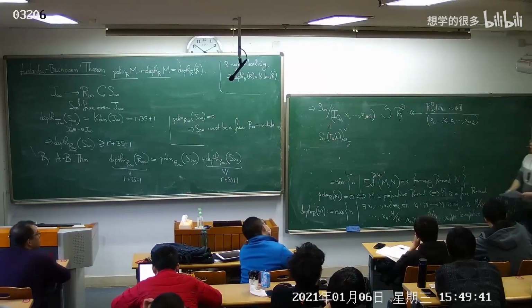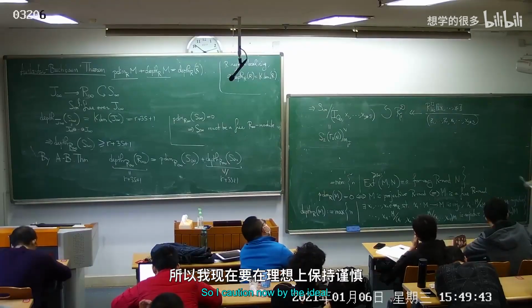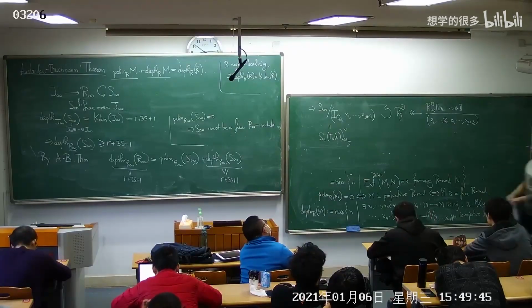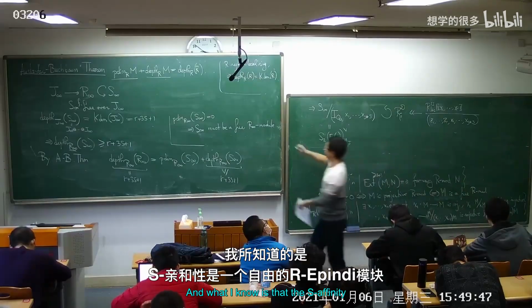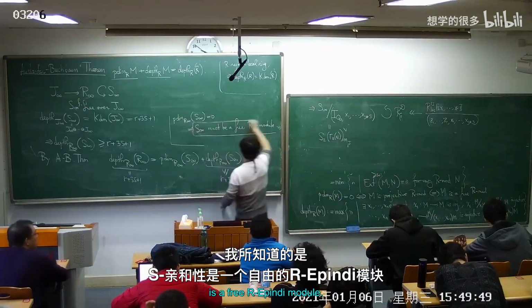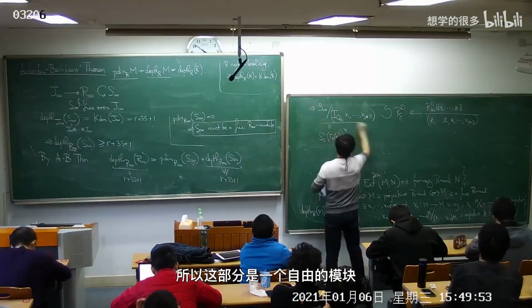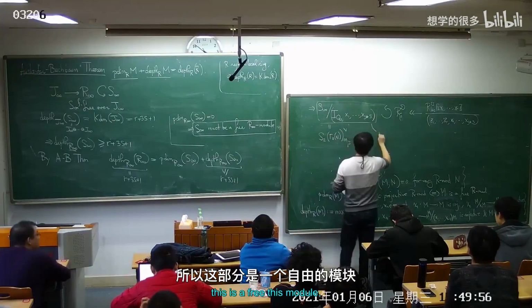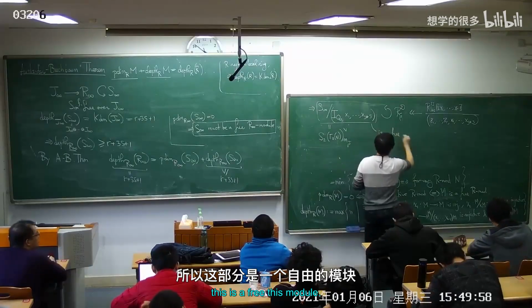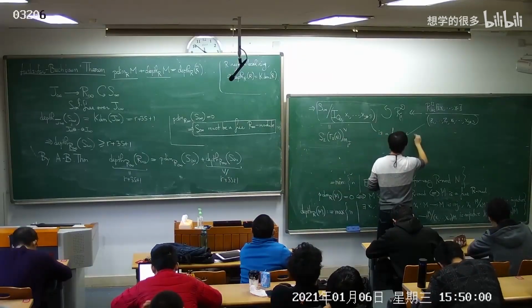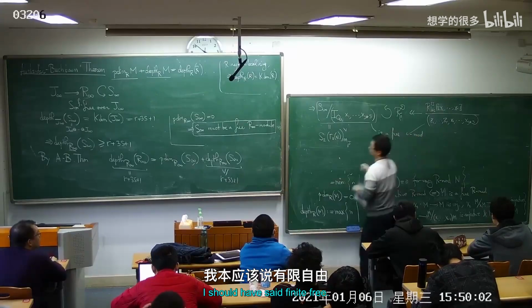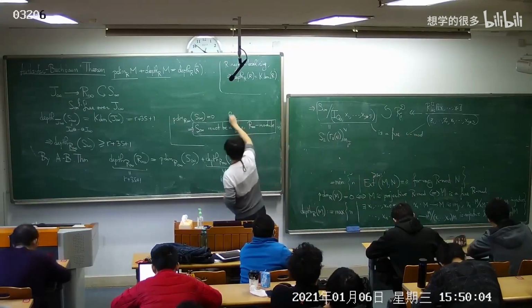Okay. So I quotient now by the ideal. And what I know is that S infinity is a free R infinity module. So therefore, this part is a finite free module. I should have said finite free.